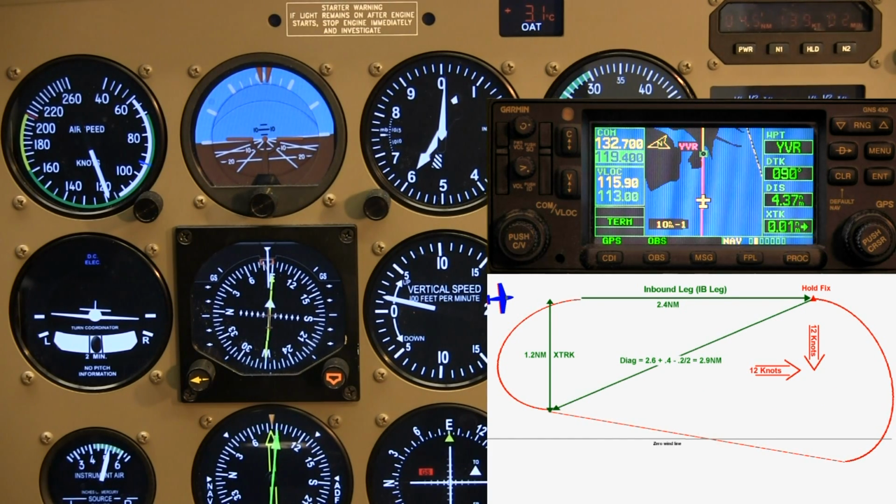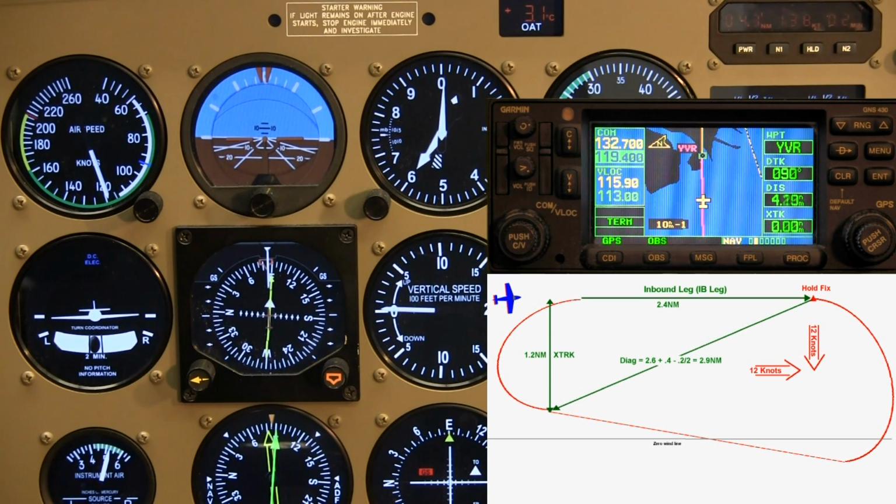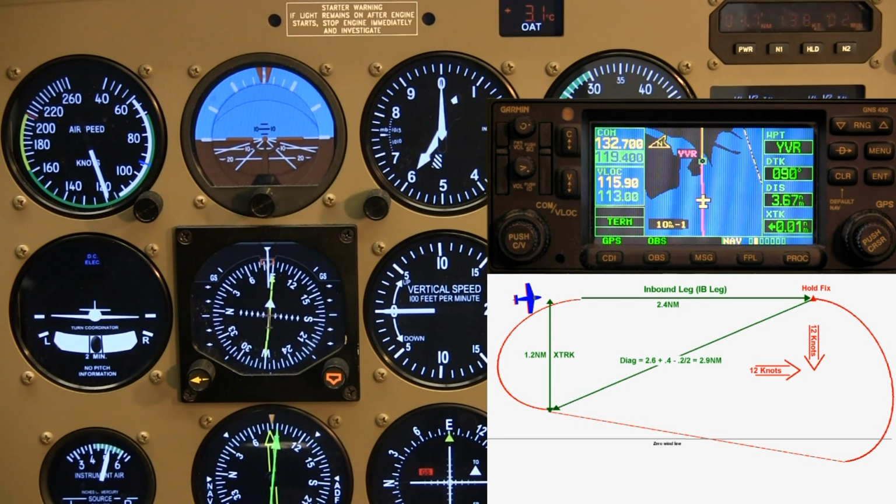We are inbound to the Vancouver VOR on the 270 degree radial, cleared to hold west on the 270 degree radial. The wind is from 315 degrees at 20 knots, which is a crosswind of 14 knots and a tailwind of 14 knots. These numbers are close enough to what I just briefed that we can use those numbers.